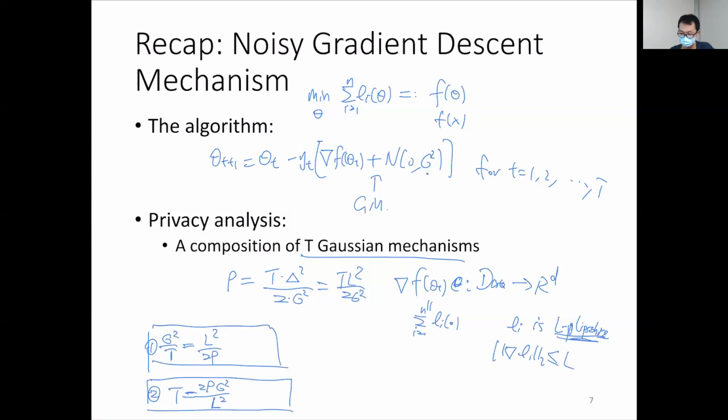So a couple of assumptions. Let me reiterate on the assumptions. We're assuming that this Li is L Lipschitz. Sometimes we also assume that this Li is beta smooth. When Li is beta smooth and L Lipschitz, then the somewhat conservative upper bound about this function f is that f is n times L Lipschitz, and also n times beta smooth.